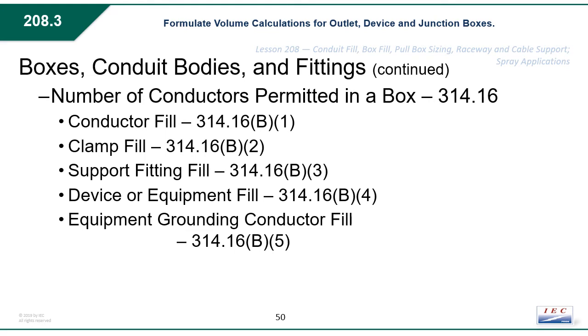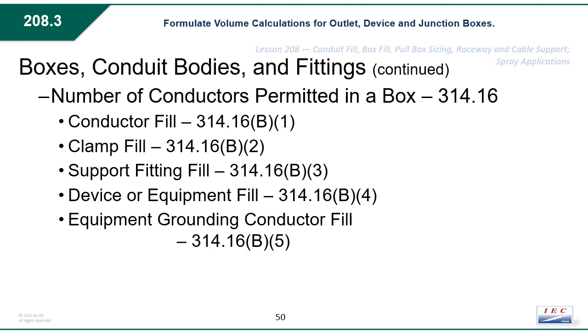That's based on 2 per device according to 314.16 B4, 2 per device for each yoke. So if it's a single gang device, it's counted as 2. If it's a double gang device, it's counted as 4, and so on and so forth.